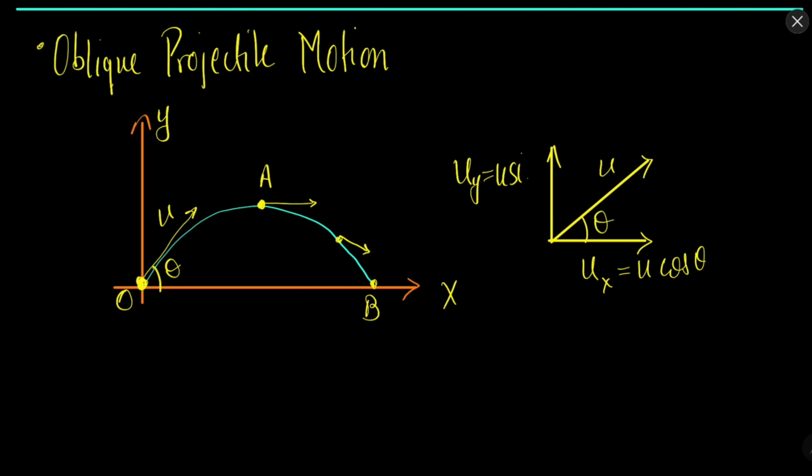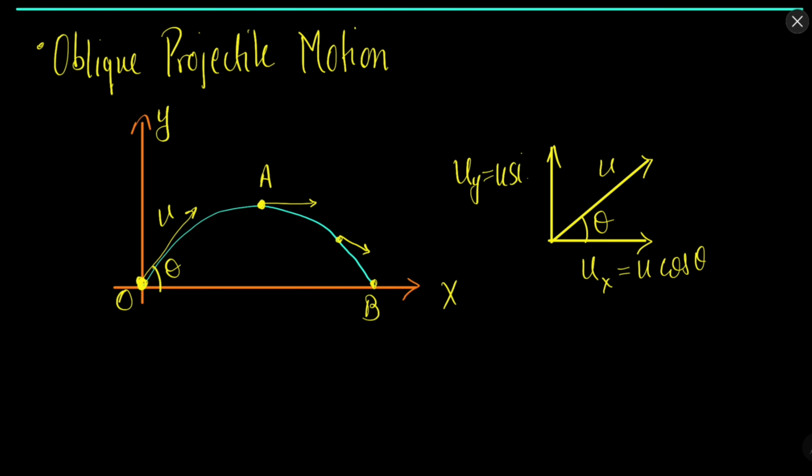Similarly, for vertical motion, the acceleration is minus g, because downward is taken as negative and upward is taken as positive. So acceleration due to gravity is always downward, therefore we are taking it negative.